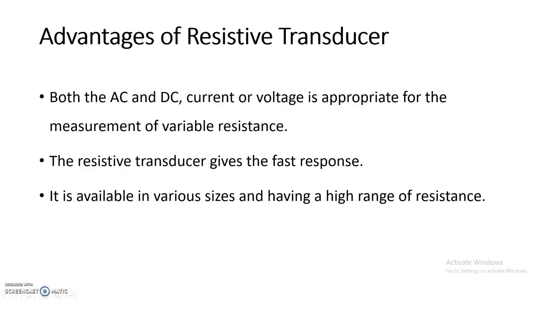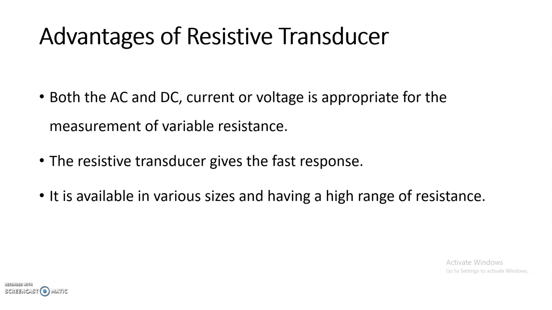The main advantages of resistive transducers are that both AC and DC current or voltage are appropriate for the measurement of variable resistance, and they give a fast response. They are available in various sizes and have a high range of resistance.